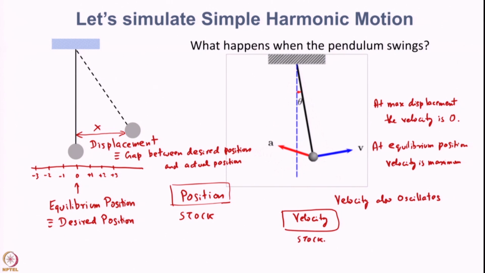Now, we know that this position stock will need to be changed by a flow. So, what flow could it be? The change in position, or the displacement, can act as the flow affecting this position, which is nothing but the velocity. Now, what affects the velocity over time? So, what is the flow that goes into this velocity stock?